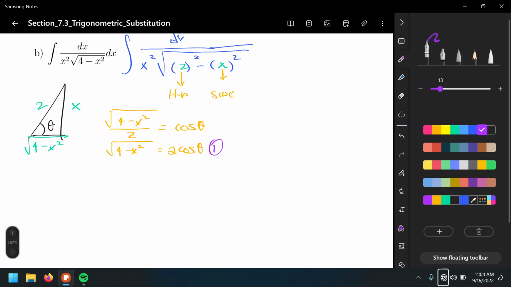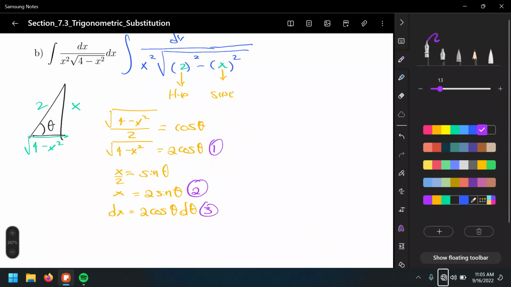Let's go with the simpler one. x over 2 equals, I believe, sine, and x equals 2 sine theta. This is number 2 in our substitution. From here we will differentiate both sides. That's going to be dx equals 2 cosine theta d theta. That's number 3 in our trig substitution.